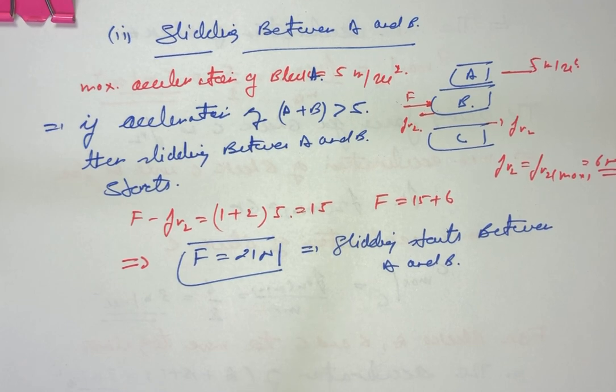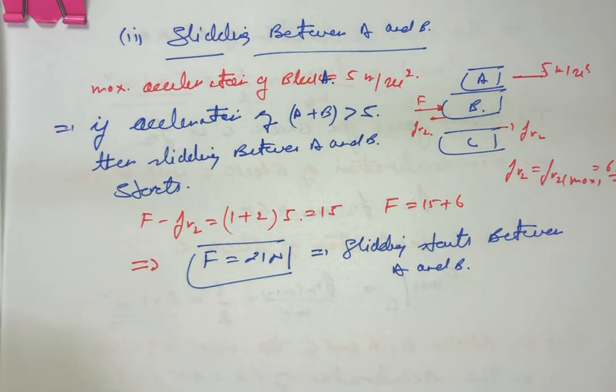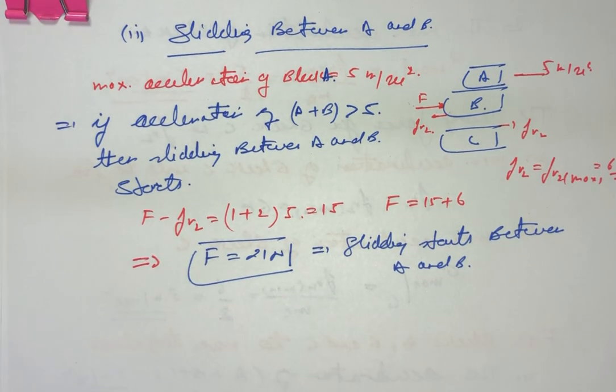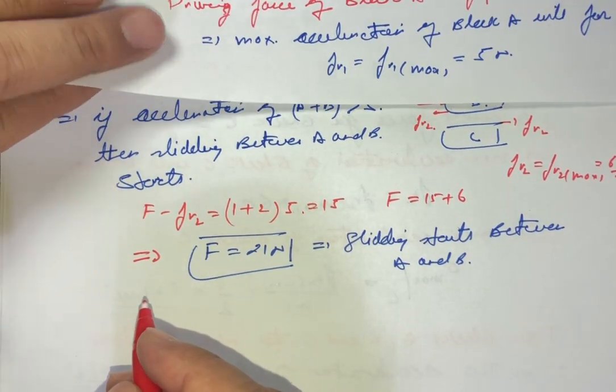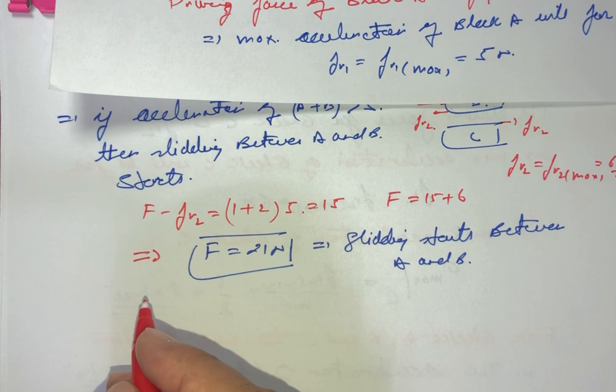Next, now we come to the C part. C states: find the acceleration of all the blocks, nature and value of frictional force.